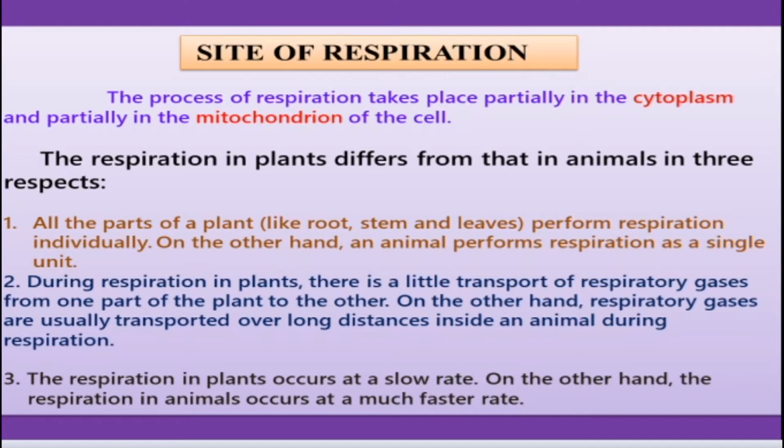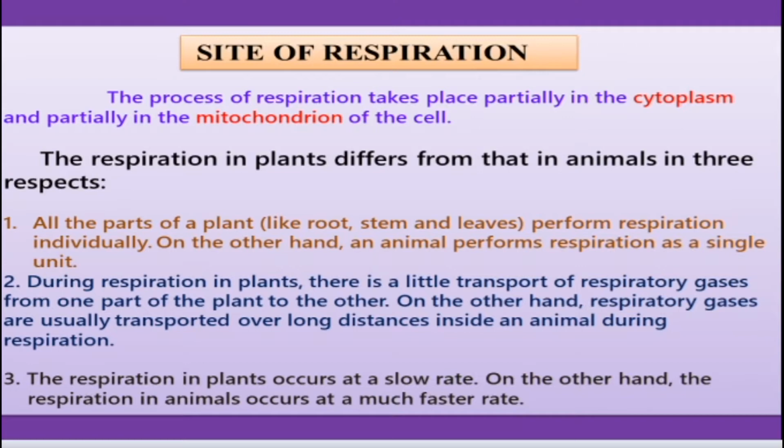So in the plant body there is little transport of gases from one place to another, but in the animal body they travel long distances.